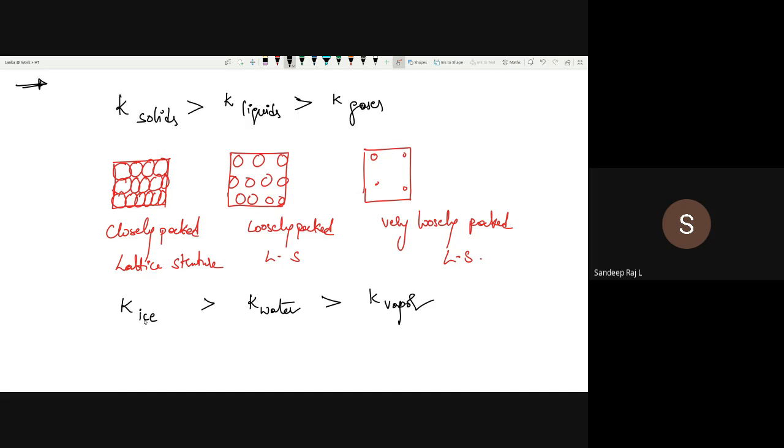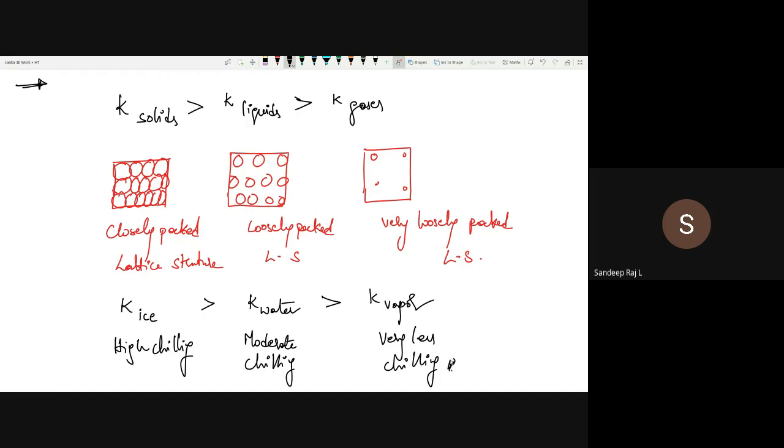So that is the point here. Ice will have high chilling effect. Water will have moderate chilling, and vapor will have almost zero chilling, very less chilling effect.